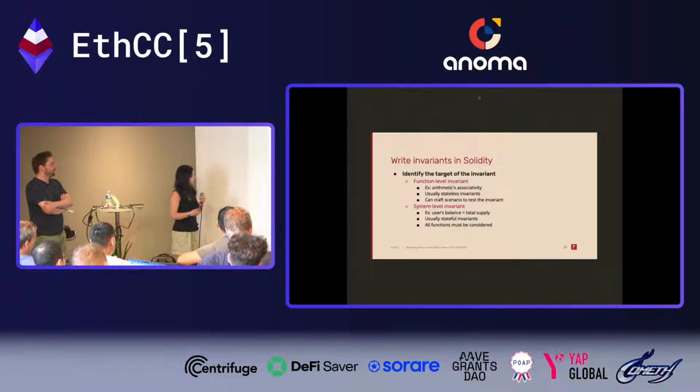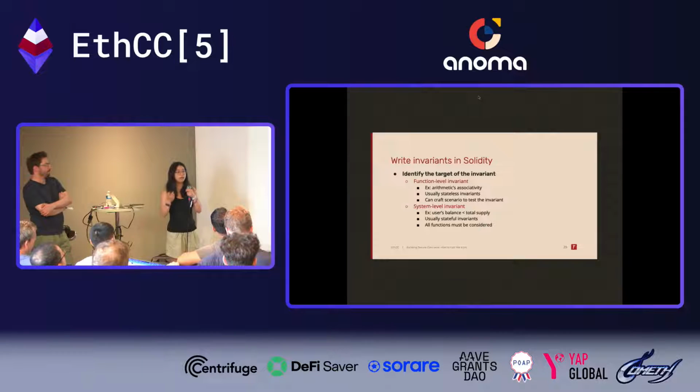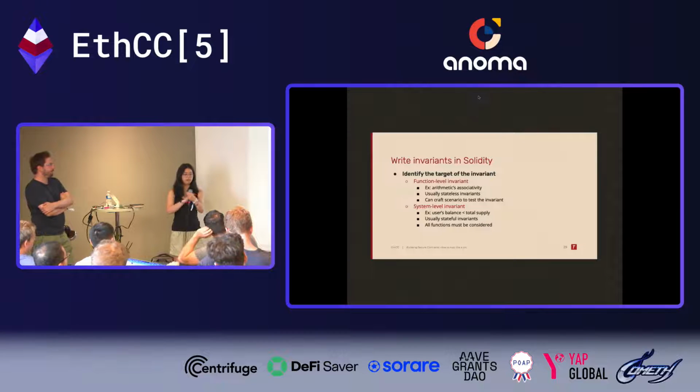One is function level invariant, and this goes back to the example with the expectations for arithmetic, and this is stateless. So you can get Echidna to, for example, call a contract that adds two numbers and then adds the same two numbers in the different order, just making sure that they're equivalent.